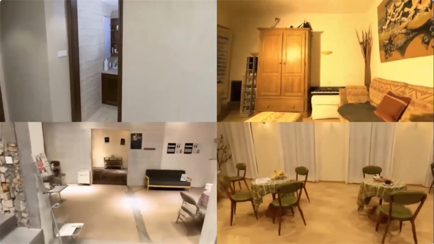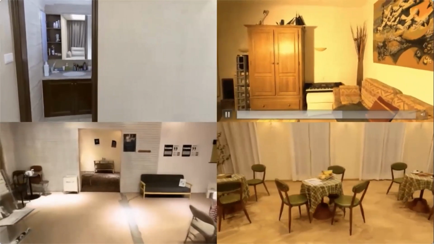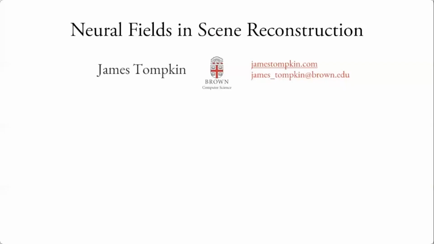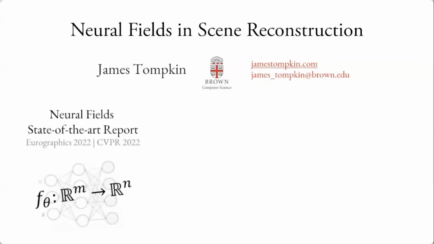Okay, so with that, I just want to end by reminding you of this new and upcoming area in scene reconstruction and more generally in solving inverse problems. So these are called neural fields. If you're interested to know more of the technical details, you can look at our state-of-the-art report or our CVPR tutorial.